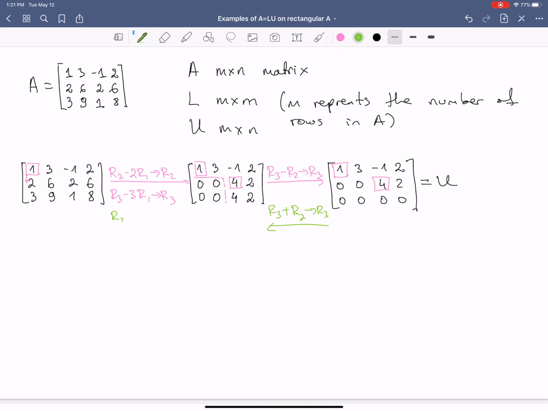And then here we have R2 plus 2R1 into R2, R3 plus 3R1 into R3. Now, in the previous example when we discovered L, we applied the operations in the reverse order onto the identity matrix and we got L. The same idea will work in this case as well. So you could start with the identity matrix, then first apply this operation and then apply these two operations.